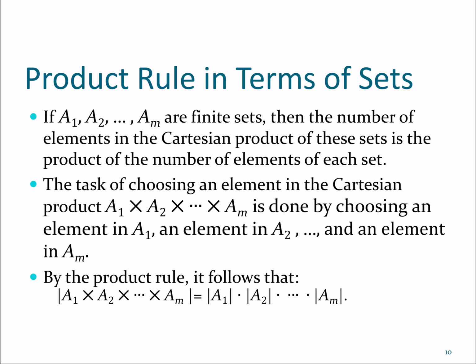Therefore the cardinality of the Cartesian product of A1 to AN is equal to the cardinality of A1 times the cardinality of A2 times the cardinality of AN. This comes directly from the definition of the Cartesian product.